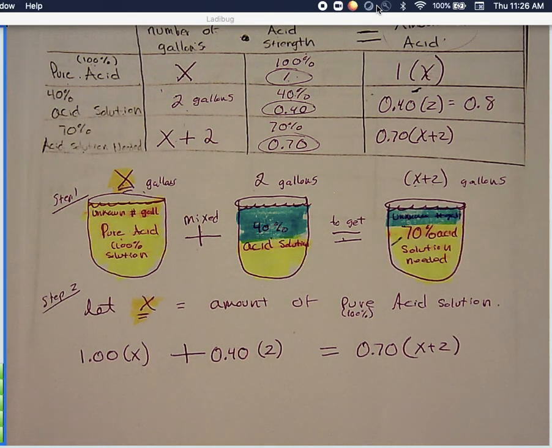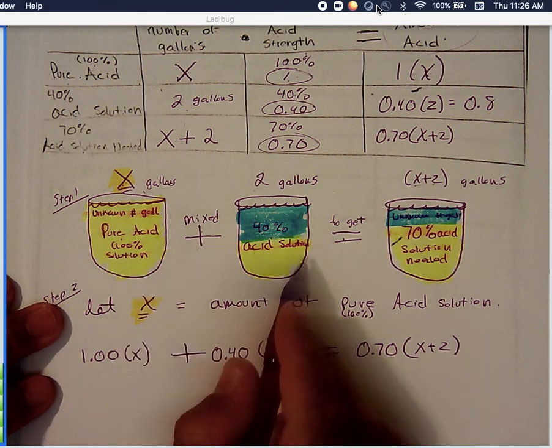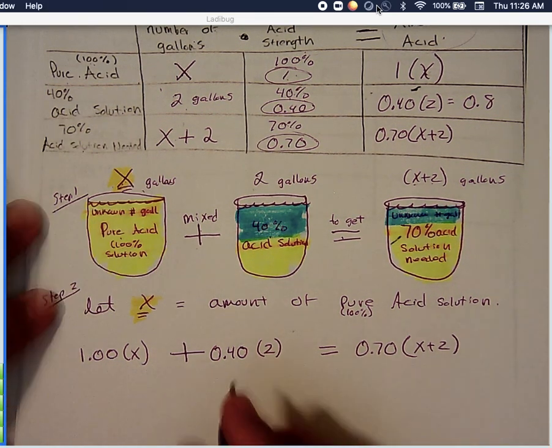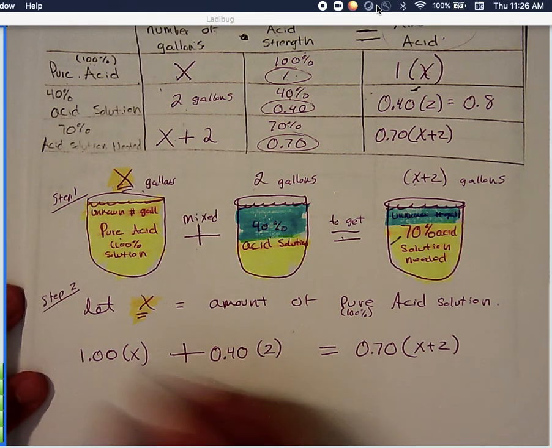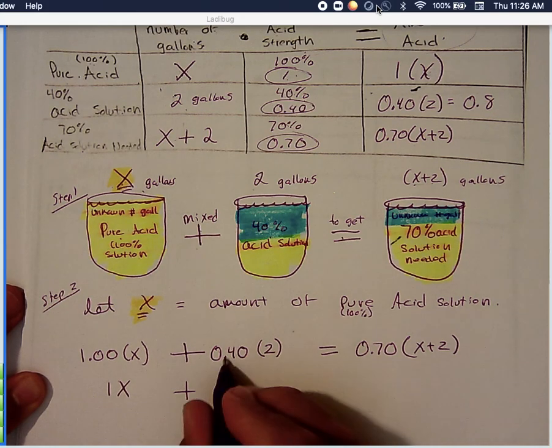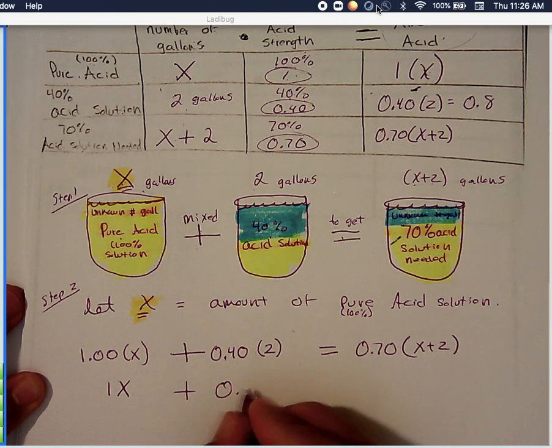Okay, so again, this is just the purity. So everything here is acid. That makes perfect sense. So this would just be 1x plus, when you multiply these two, it gives you 0.8.